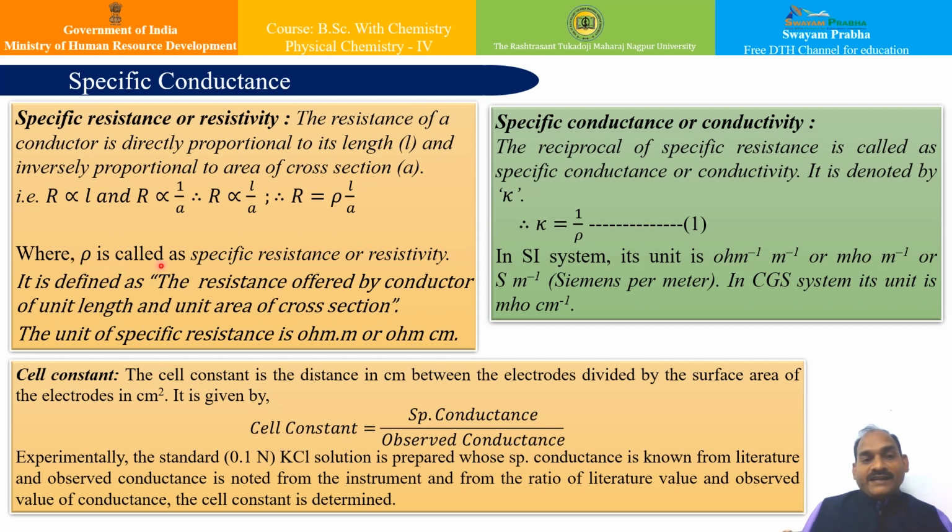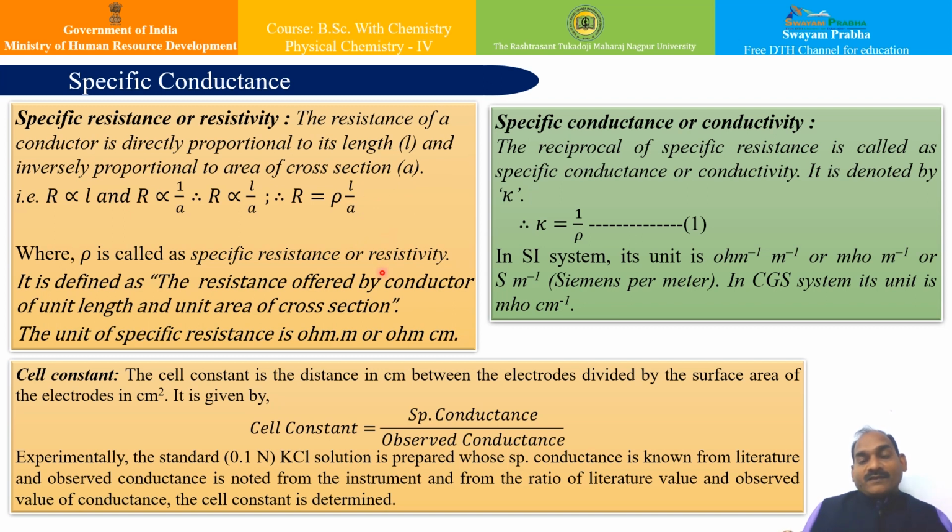So if I write it down, R is proportional to length and inversely proportional to cross section area A, and therefore R is equal to rho into L upon A. This rho is called specific resistance or resistivity, and it is defined as the resistance offered by a conductor of unit length and unit area of cross section, and the unit of this resistivity is ohm meter or ohm centimeter. You can derive your unit from this particular expression, isn't it?